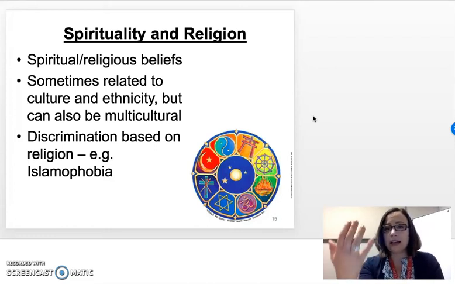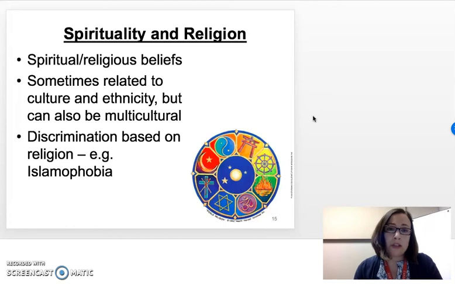So your classic historical example is going to be Nazi Germany with the Holocaust, right? Jewish people were persecuted, and we have this horrible thing that happened in our history where almost 6 million people were murdered based on their religious beliefs. So this is an extreme example of religious discrimination.